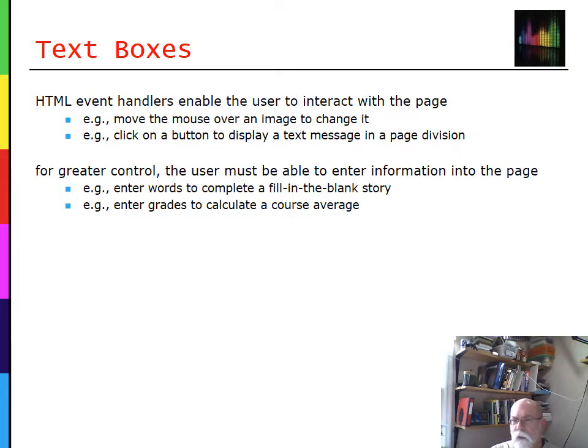To get even greater control, we must be able to enter information into the page, such as words or grades for a course. Then we can calculate those, or use those words to build a sentence or an order form on the internet. So that's where we're heading with all this.